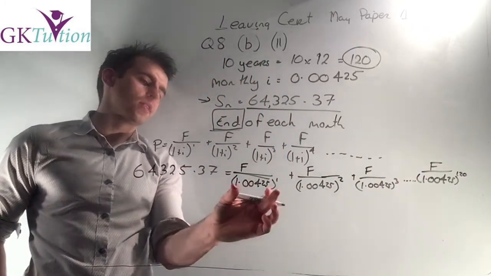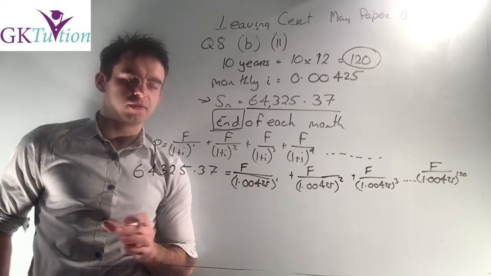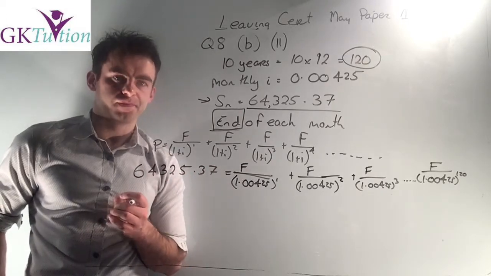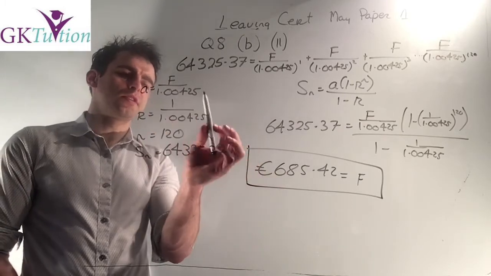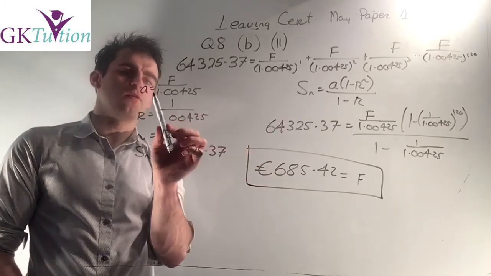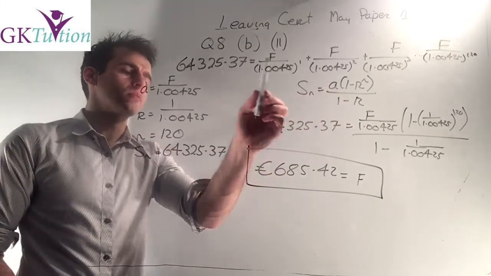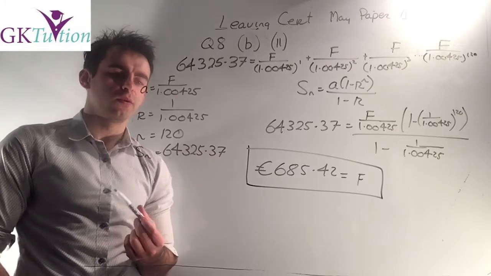We can now know a is my first term, r is my common ratio, and n is the number of terms. I know what Sn is, which means I'll be able to find the value of F. So if I just simplify my series now, I know the first term is F over 1.00425. The common ratio is any term divided by the previous term. In this case, 1 over 1.00425.